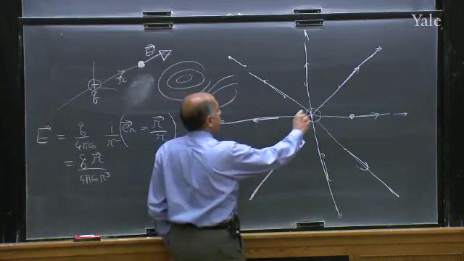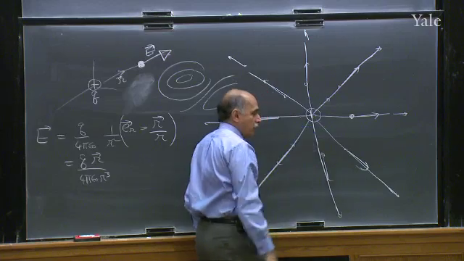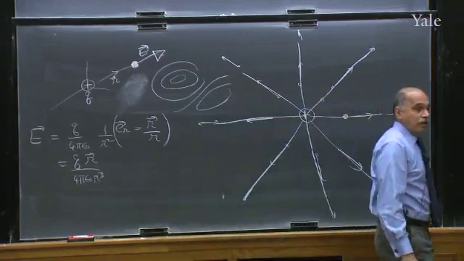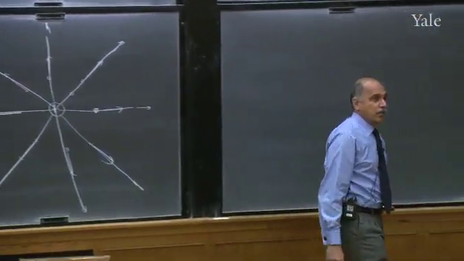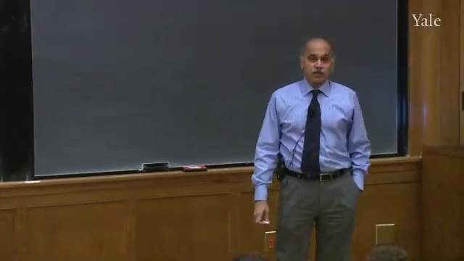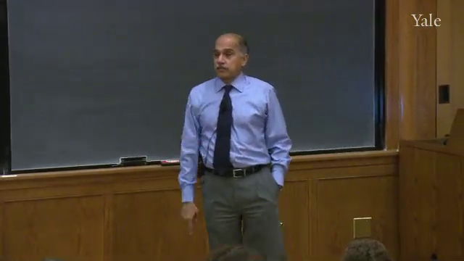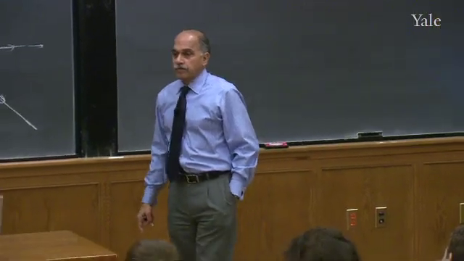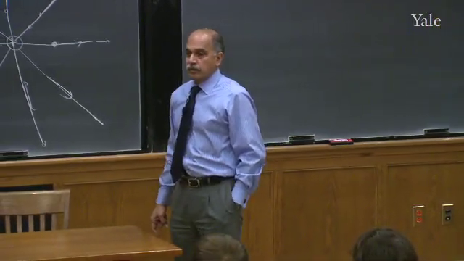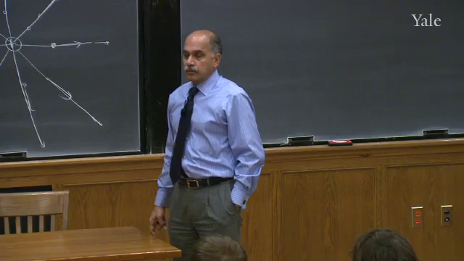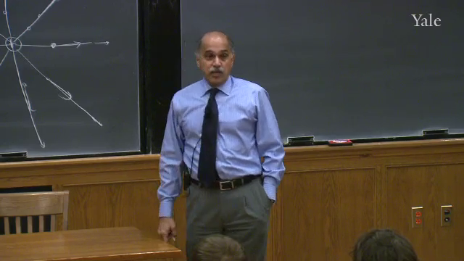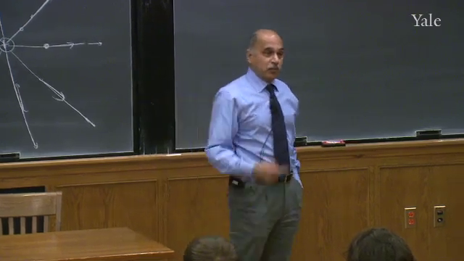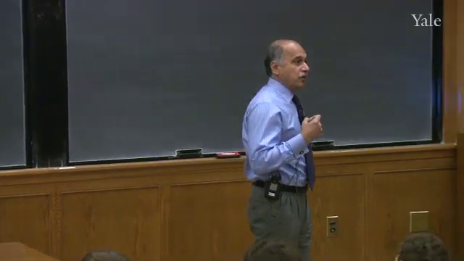Now, if you go to a point like this, what have I gained and what have I lost? What more information have I got when I join the arrows? The more information is that now you know the direction that it will continue on forever if no other forces act on it, and what you've lost is the magnitude of it. Okay, let me repeat that. That's what you guys should have been thinking in your head.